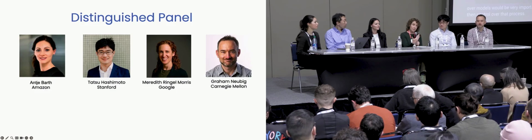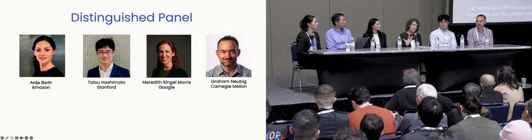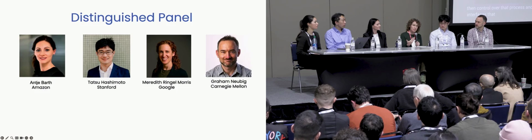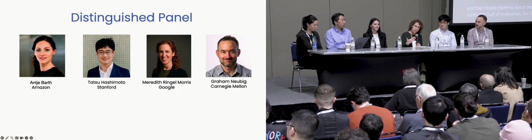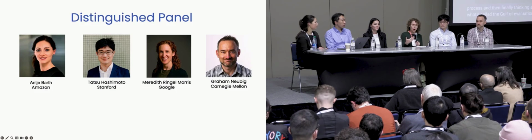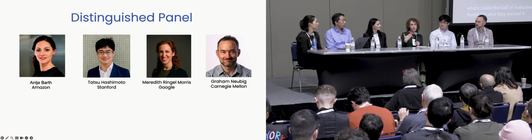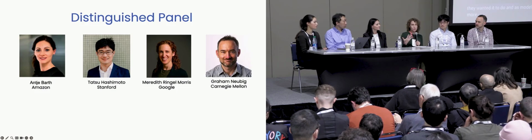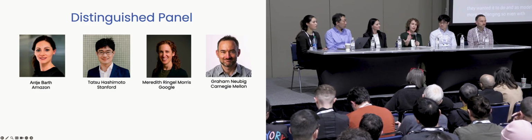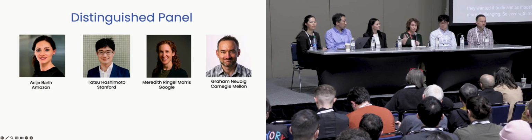And then finally, thinking about the output end, we need interfaces that bridge what's called the gulf of evaluation. How does the end user assess whether the model did what they wanted it to do? As models become more powerful, I think this actually gets more challenging. Even with state of the art models today, think about a model that generates code.